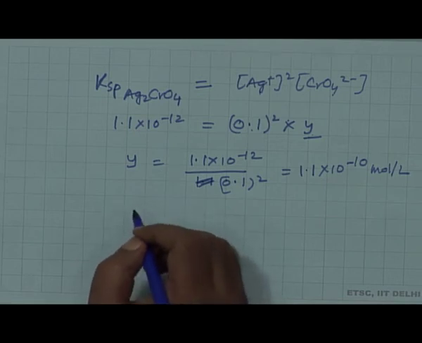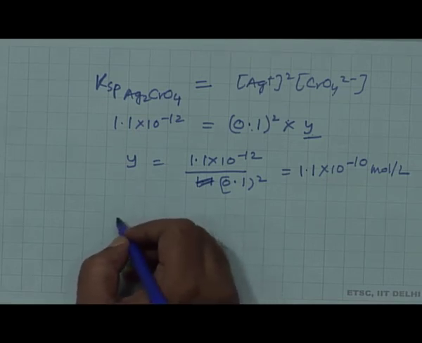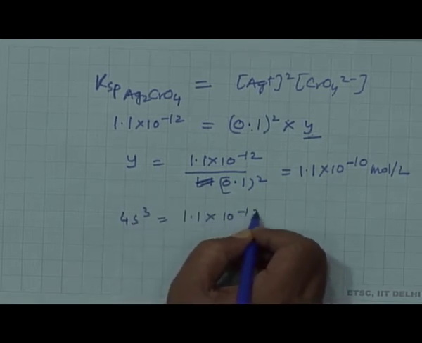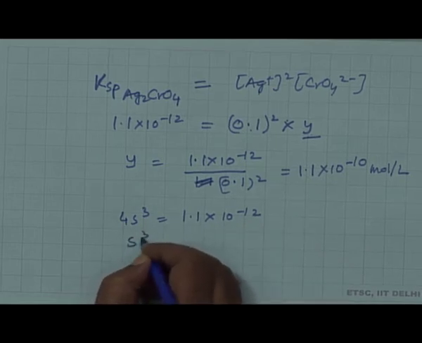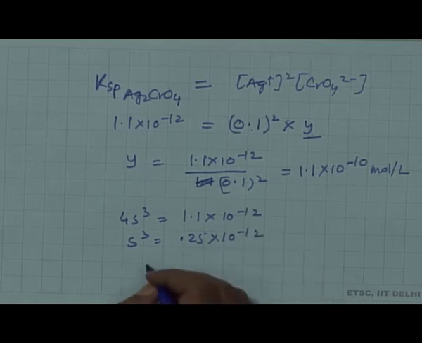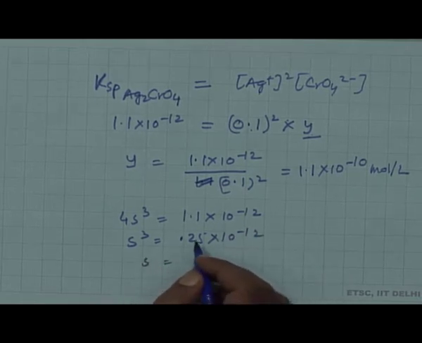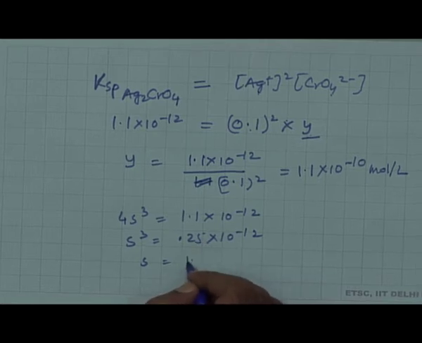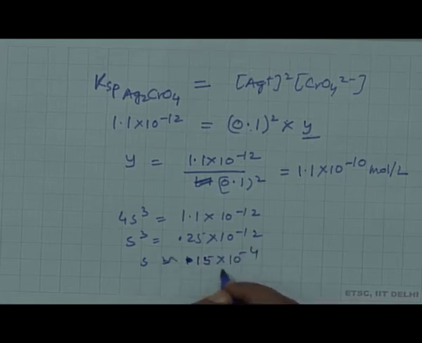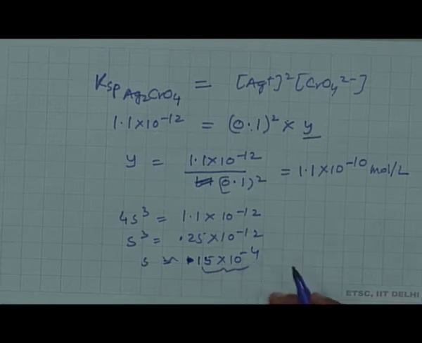Now, if you remember the solubility of Ag2CrO4 was this: 1.1 into 10 to the power minus 12, so S cubed will be around 0.25 into 10 to the power minus 12, and so S will be around 0.15 into 10 to the power minus 4 or minus 5.